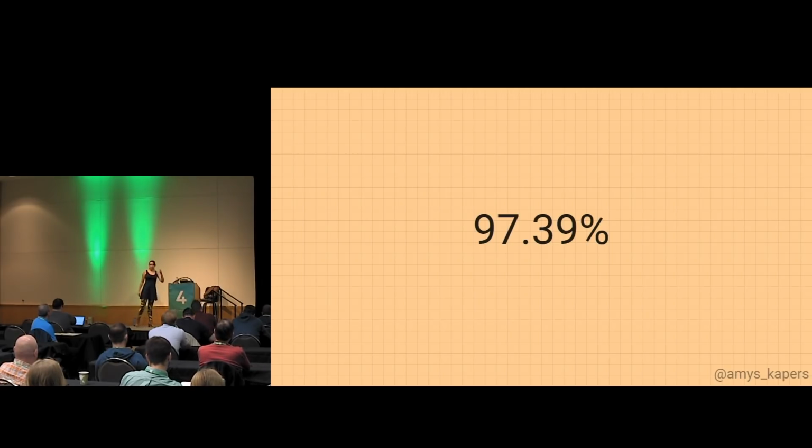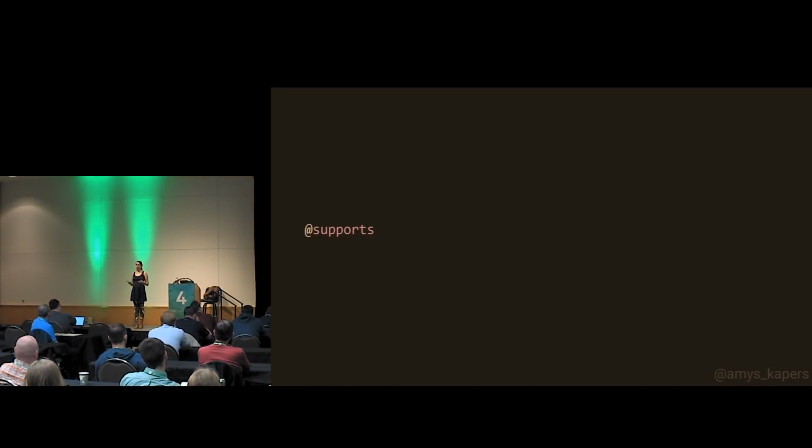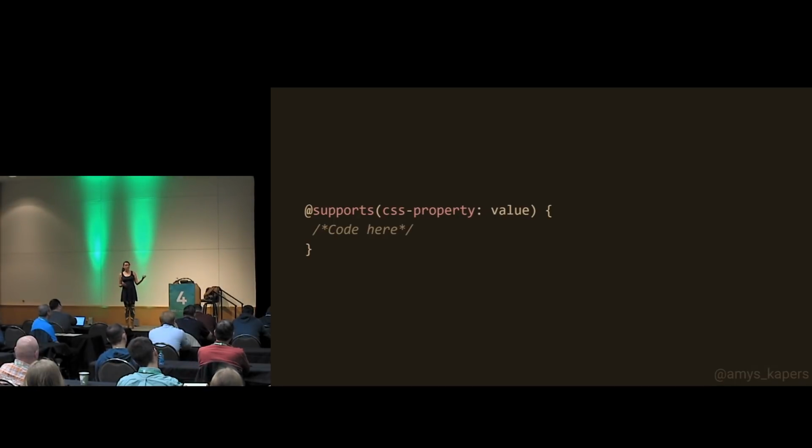One of the great things about using Grid, though, is it's actually really easy to only give our Grid code to browsers that know what to do with it, because we have the supports query. So similar to the media query, the supports query allows us to define a CSS property and a value of it, and it will only do the code inside the brackets if it knows what to do with that CSS property and value.